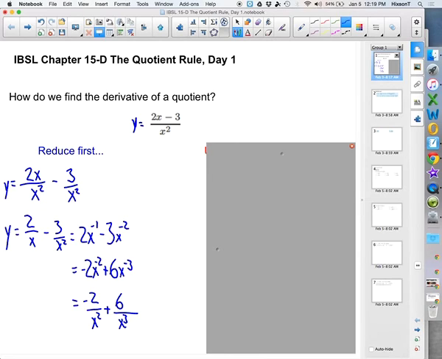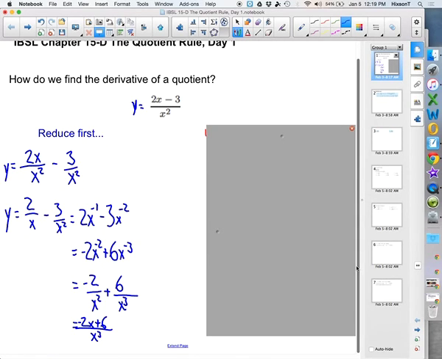I could make it a negative 2x over an x cubed, plus 6 over x cubed, by getting a common denominator and adding those together. So there are a couple of different ways this could look. Alright, but we could stop here.